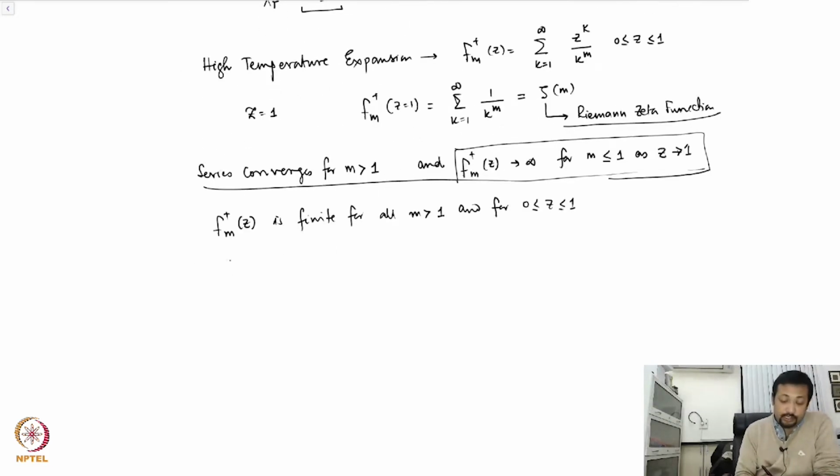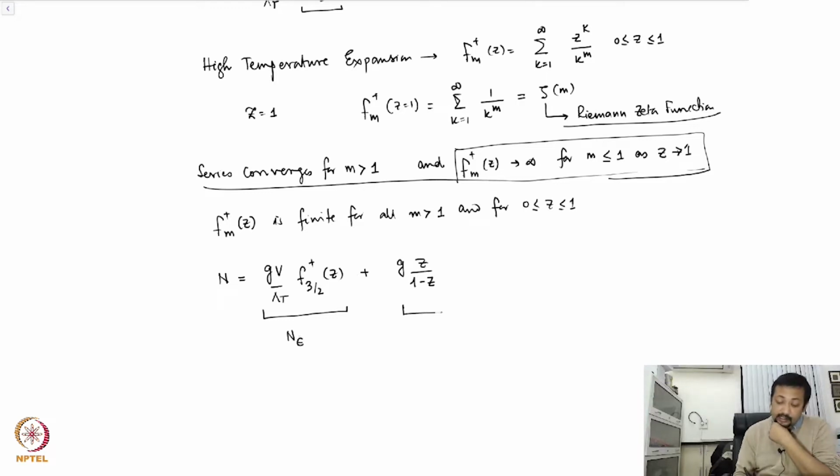So coming back to this expression, the particle number is f_{3/2}^plus(z) plus g z over 1 minus z. The first term that you see over here is the number of particles contained in the excited states, and this is the number of particles contained in the ground state n equal to 0.